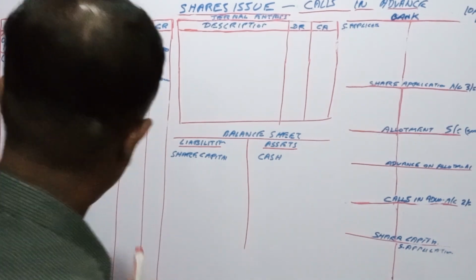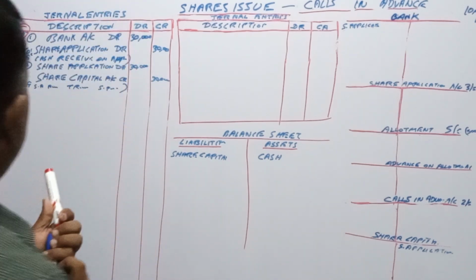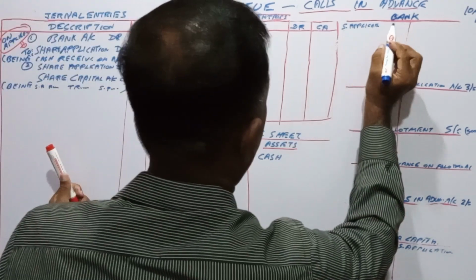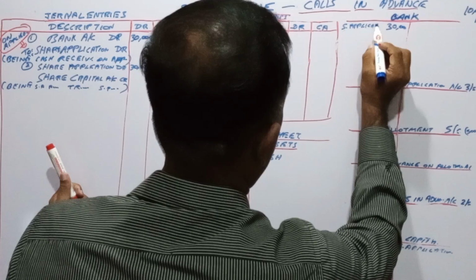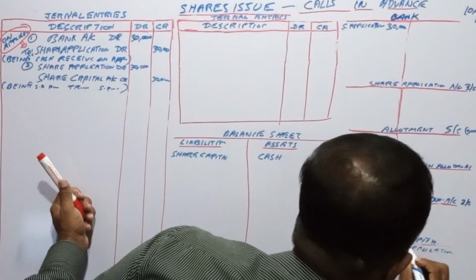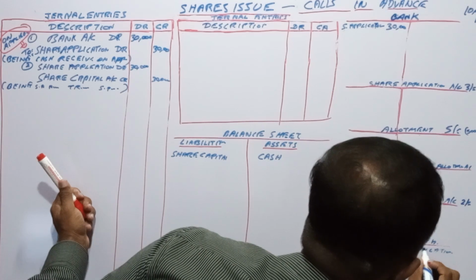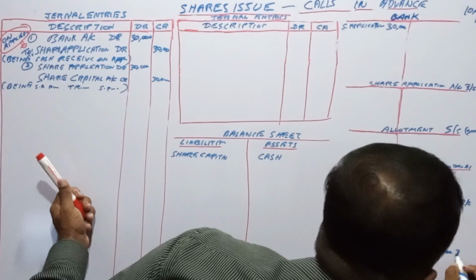You have to write it down clearly. So what is the entry? Bank account debit 30,000 to share application account credit 30,000.